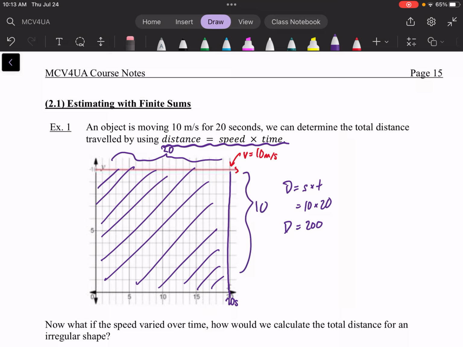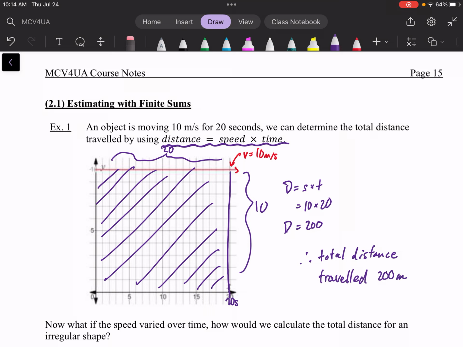This gives you the area, and therefore the total distance traveled turns out to be 200 meters.